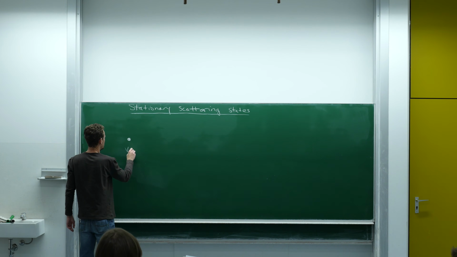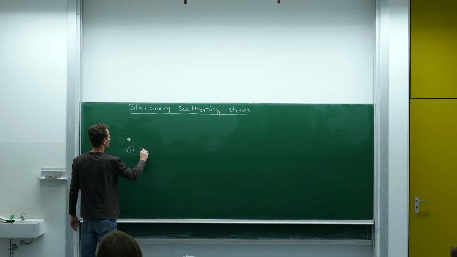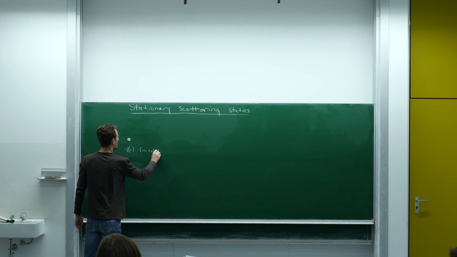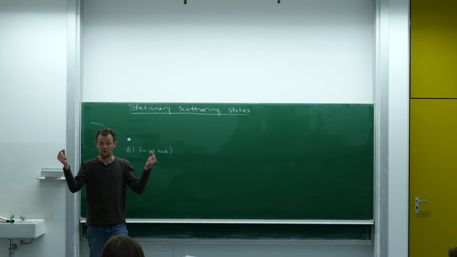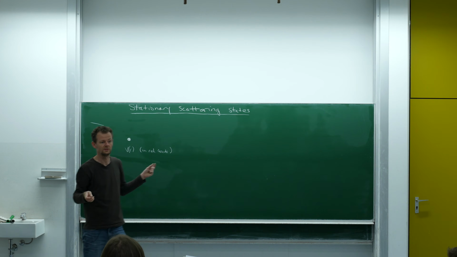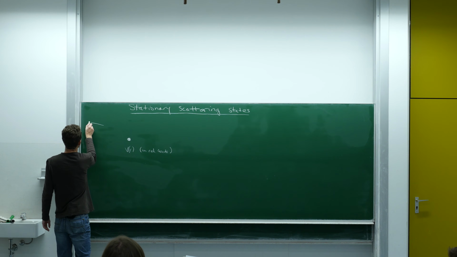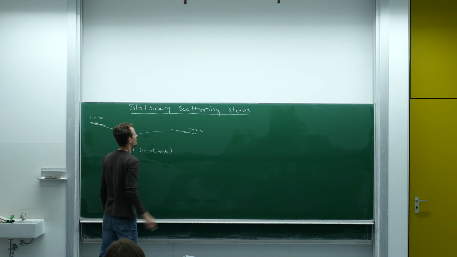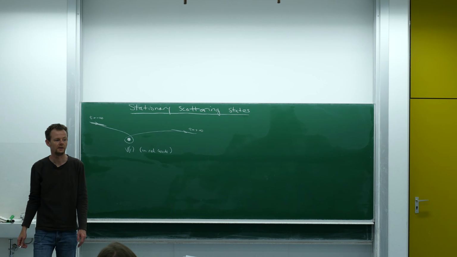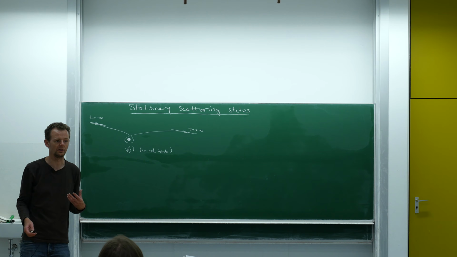So the standard caricature of scattering theory that I've been drawing is that we have some central potential in relative coordinates. Some particle representing two particles, right? Because we're in relative coordinates. You can think of this as a single particle at t minus infinity comes in, experiences the central potential, which is localized.